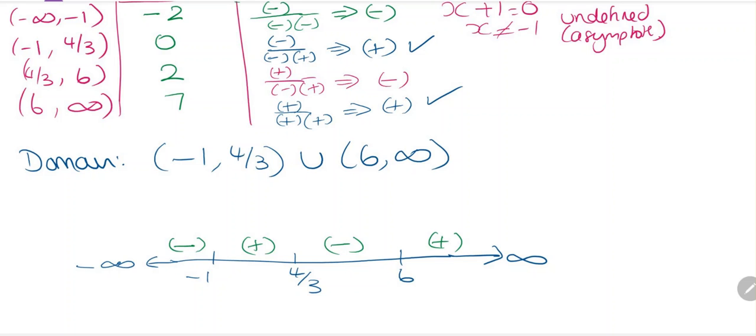So the graph, we've got undefined values at -1 and undefined values at 6. Now we have a 0 at 4/3. So the actual graph will approach, but we'll have a positive and we'll have a negative.